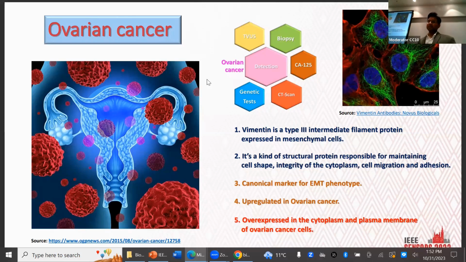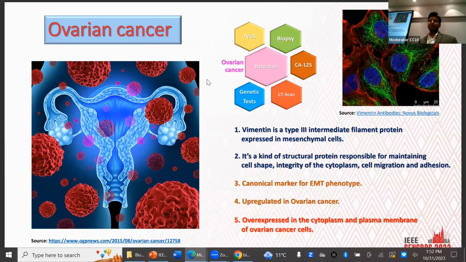Among these proteins, one of the important biomarkers which we have found is Vimentin, which is a type 3 intermediate filament protein expressed in mesenchymal cells. It's a kind of structural protein which is responsible for maintaining cell integrity, shape, cell migration, and adhesion. It is also a canonical marker for the EMT phenotype.